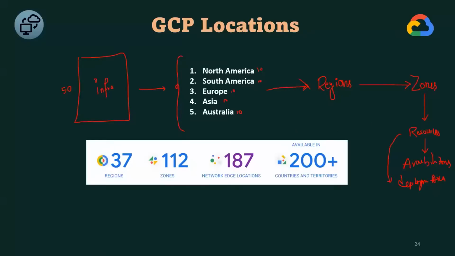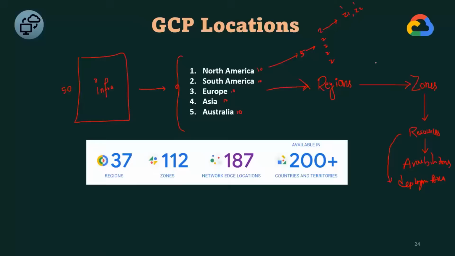For example, in North America you might have 4 or 5 regions, and each region will have a minimum of 2 zones: zone 1, zone 2. That means here resource 1, here resource 1. That is how this division will be done.